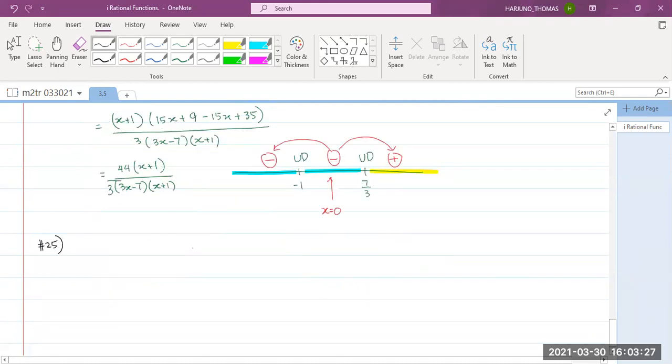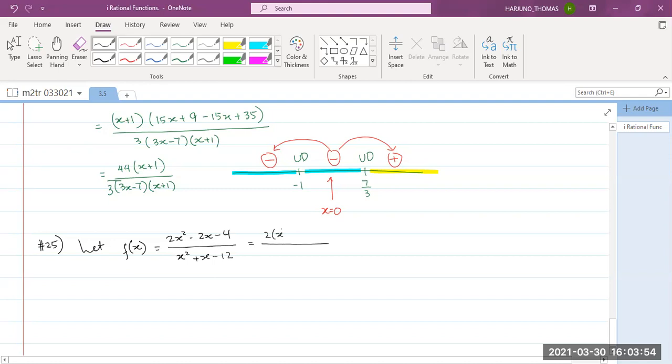We have let f(x) be 2x squared minus 2x minus 4 over x squared plus x minus 12. Let's factor them first. Okay, I will factor the 2 on the top.